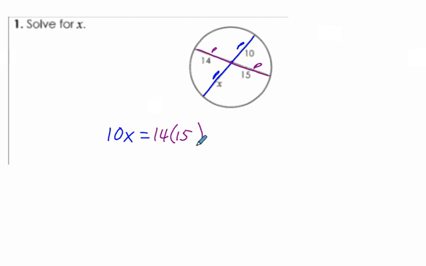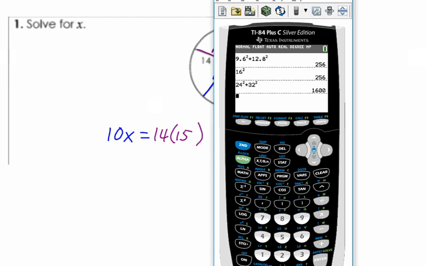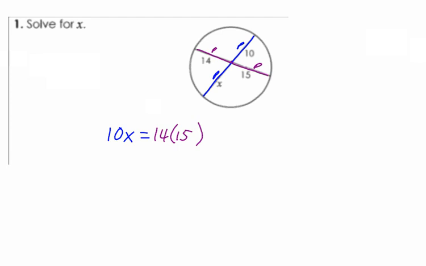If we multiply 14 times 15, I'll pull up the calculator, I would get 210. So I would get 10x equals 210, and then we're just going to solve it just like a regular equation.